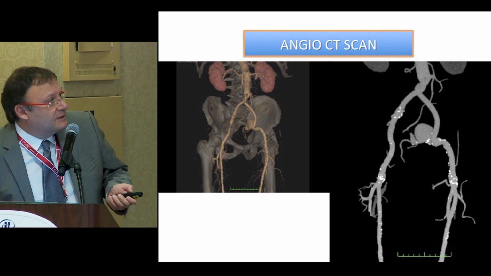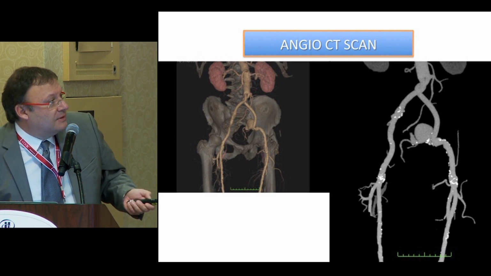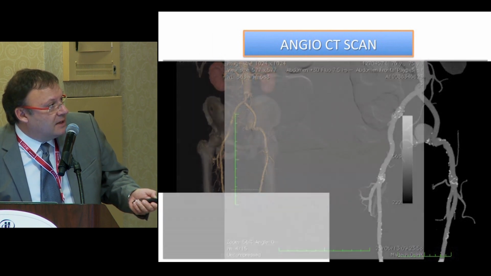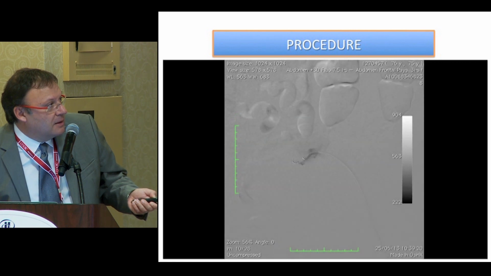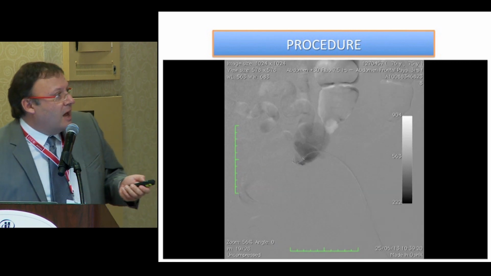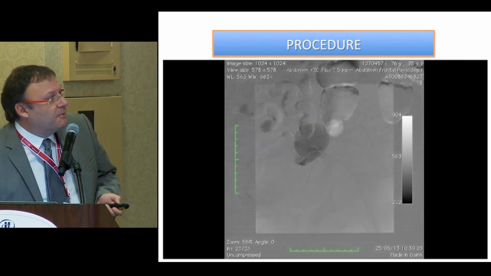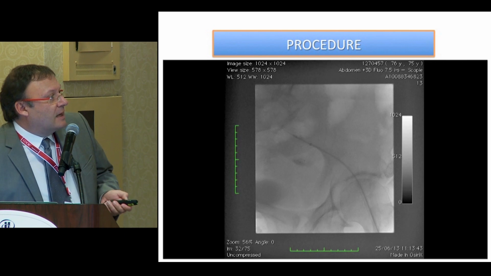The robot helped us to cannulate easily to find the aneurysm. And you see here, we are able to deploy some coils in the lower part and in the upper part, to selectively cannulate some distal arteries in the distal part of the internal iliac aneurysm.